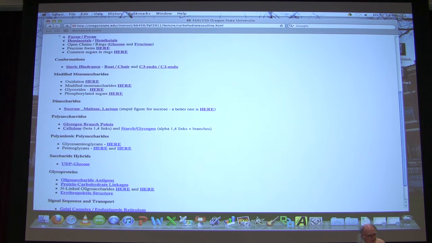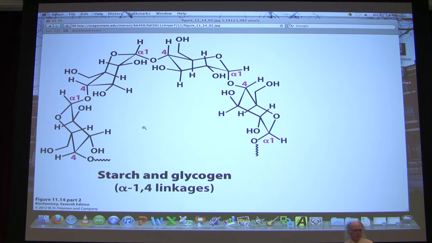Since I'm talking about this, when you hear the term starch, starch is a very common term used to describe carbohydrates in plants. Potatoes are full of starch. Corn is full of starch. Starch is really a mixture of compounds. It's a mixture of amylose that I described to you and a branched form of glucose of its own. So plants have a little bit of branched glucose molecules.